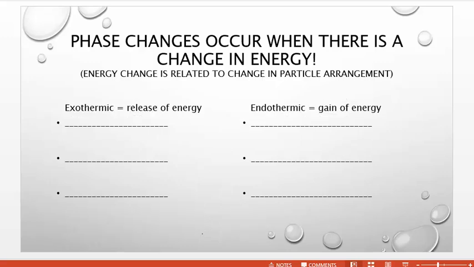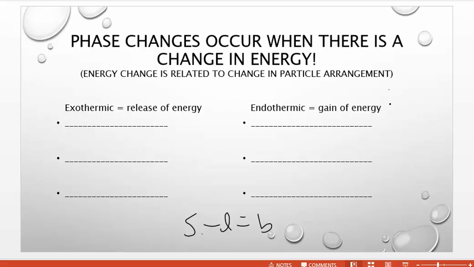Okay, so I hope you did pause it and try to figure it out. So let's take melting, for example. Melting is going from a solid to a liquid. Solid to liquid, going from regular geometric and packed together to less packed together. So you're breaking bonds.